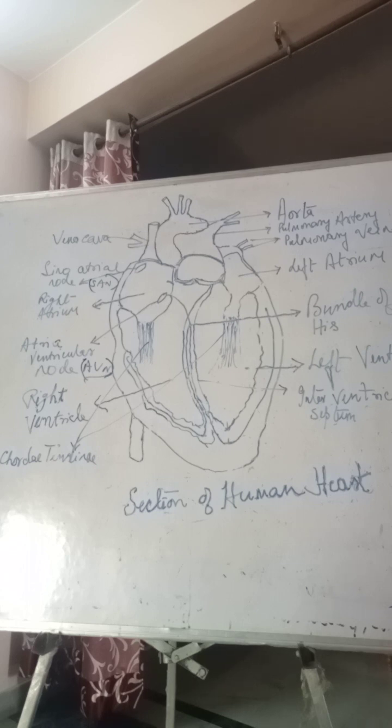So the SAN or sinoatrial node is generating this action potential on its own. This part of the nodal tissue is generating the action potential on its own. It does not require any external stimulus. So like this, you have to remember the salient features of this cardiac cycle and the conduction of the action potential.